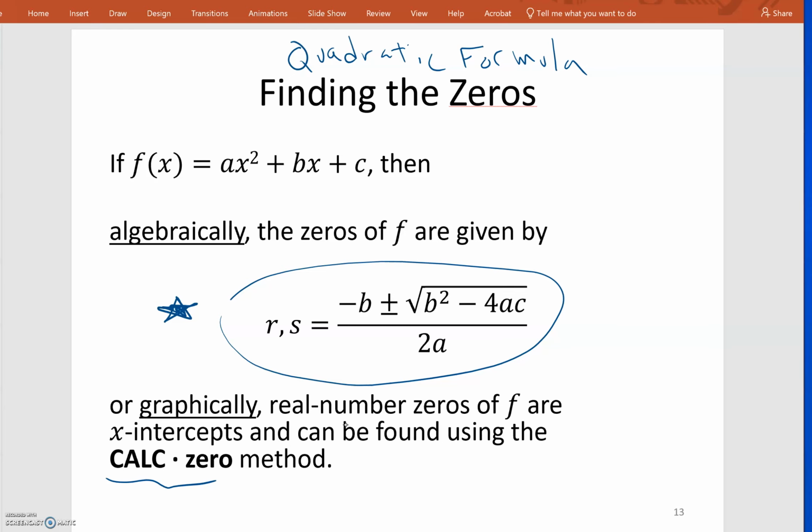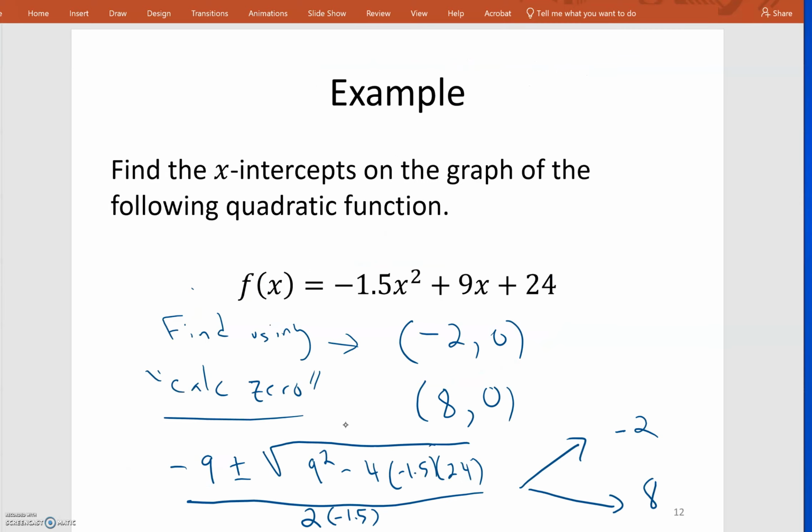There is actually even a third method, which is called factoring. Factoring only works in some cases. That's when you break the quadratic up into factors, and you look for numbers that multiply to give you the middle coefficient, and multiply and then add to give you the appropriate coefficients.